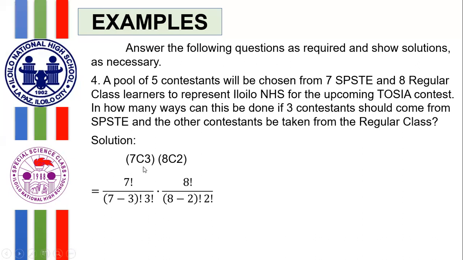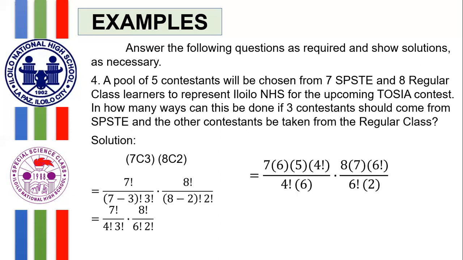So the 7C3 is 7 factorial all over 7 minus 3 factorial, 3 factorial. The 8C2 is 8 factorial all over 8 minus 2 factorial, 2 factorial. This simplifies to 7 factorial all over 4 factorial, 3 factorial, times 8 factorial all over 6 factorial, 2 factorial.